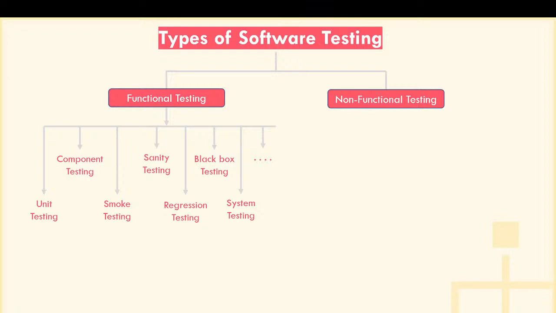And what is a build? I'll tell you the basic terminology. A build is nothing but your code. You build that code, and when that code is built and released to the testers, it's called a build.